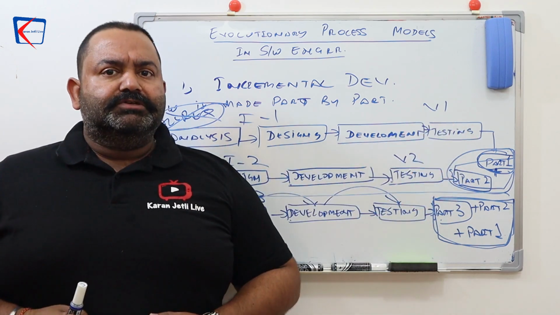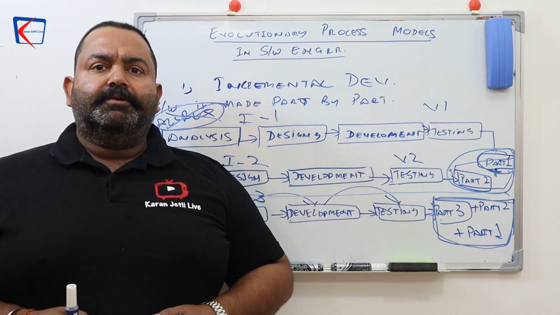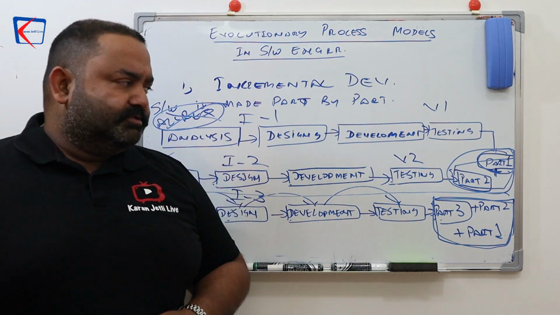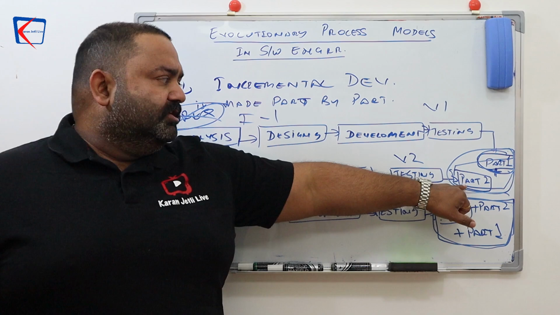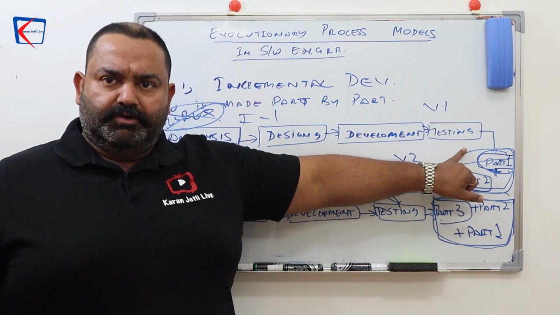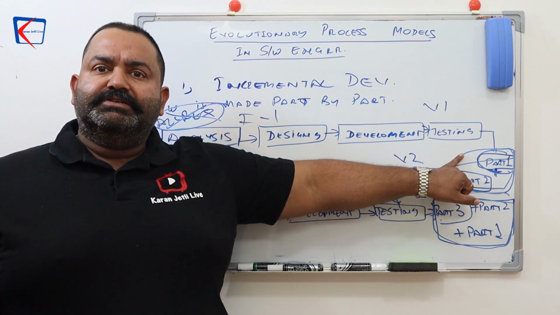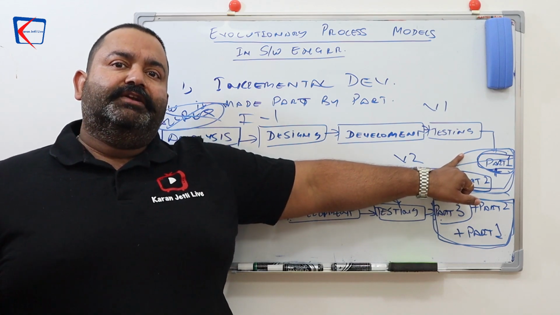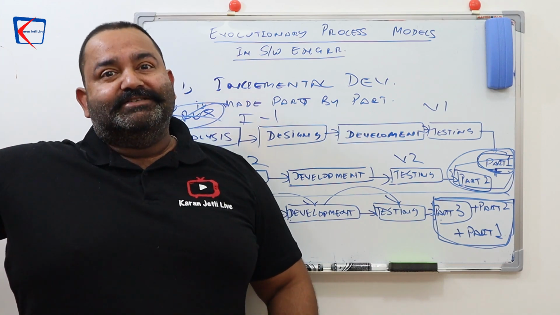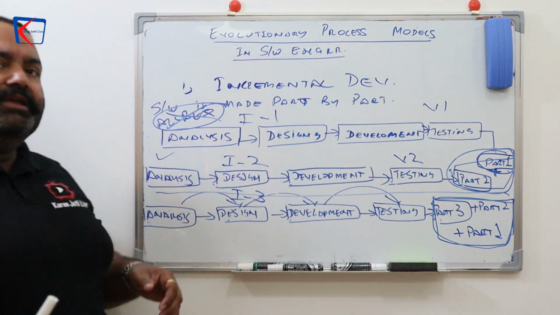Do not build the whole system, rather build the system part by part in iterations. With each iteration you add some functionality to your product. And the other good thing is, after the end of an iteration, if we want to make changes in the requirements for the next cycle, we can make them.